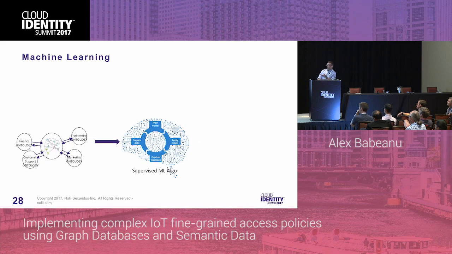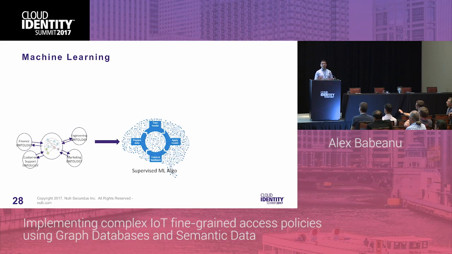Machine learning. As we've heard a lot about machine learning this week, even this morning, I think that a graph like that and a set of ontologies would be a great data set for machine learning. Especially supervised machine learning requires a big labeled set of data.